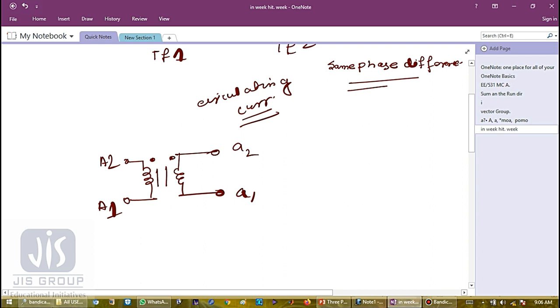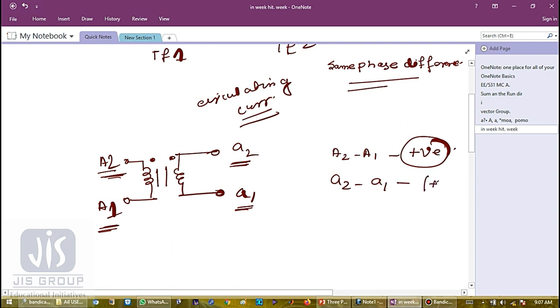What does it mean? Now its meaning is that when A2 is positive with respect to A1, this secondary side or low voltage side a2 is also positive than a1. So if A2 A1 is positive, then a2 a1 is also positive.